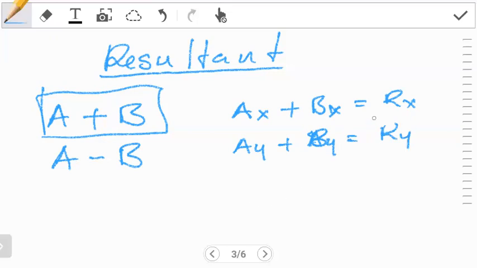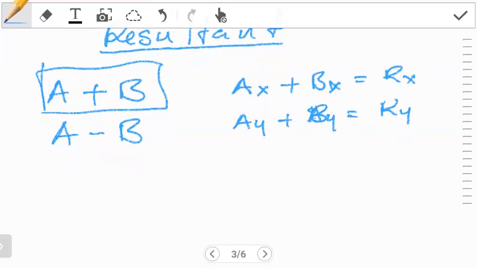Now, you're going to use the Pythagoras theorem to combine these so that they give you the whole resultant. How are you going to use them? Well, if this is your vector for the resultant, it's going to be given by the steps in the x, which is rx, and the steps in y, which is ry. So from here, this is the resultant r.